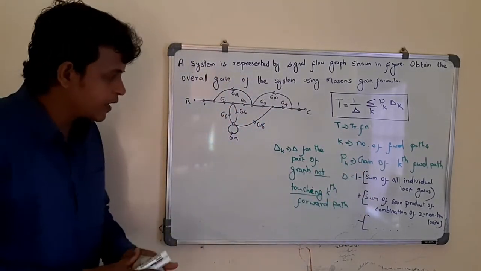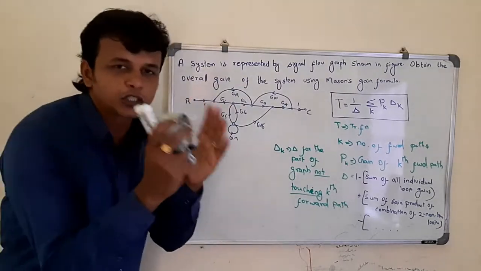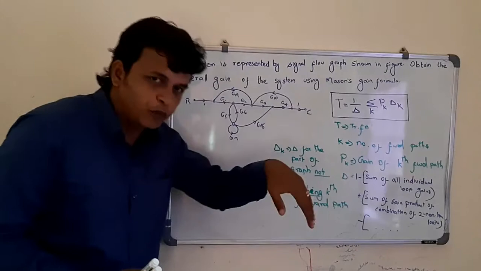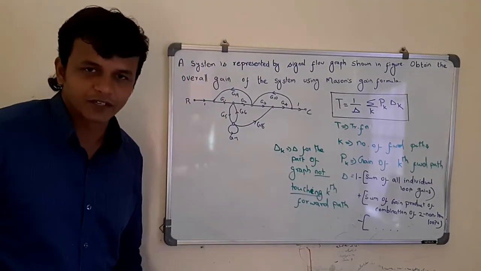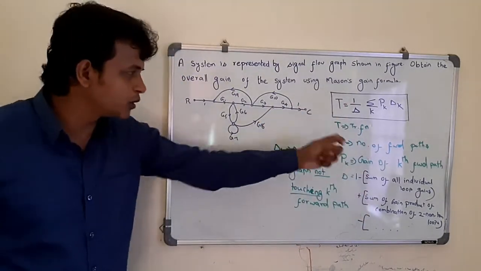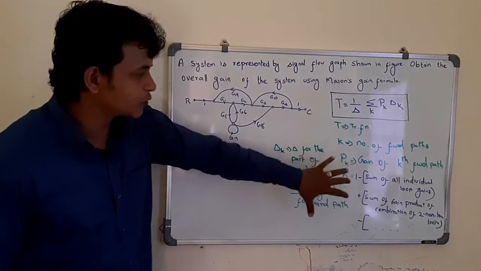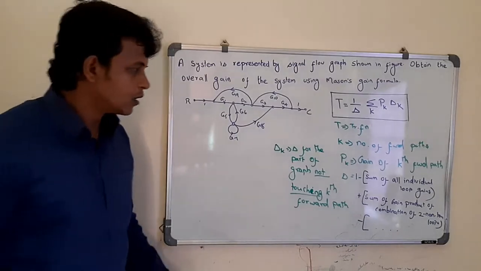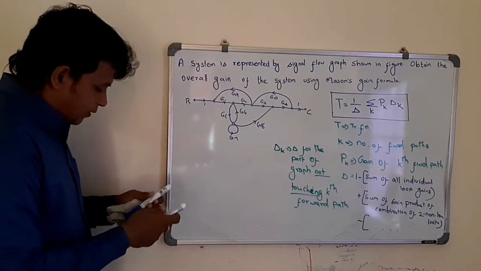First we have to identify the forward path, then identify the portion of the graph which is not touching that particular forward path, and for that portion we find del by applying this formula, which becomes del suffix k. If we are able to derive each individual term of this formula, then we can substitute those terms here and find the overall transfer function or overall gain. That is what we are going to do now.